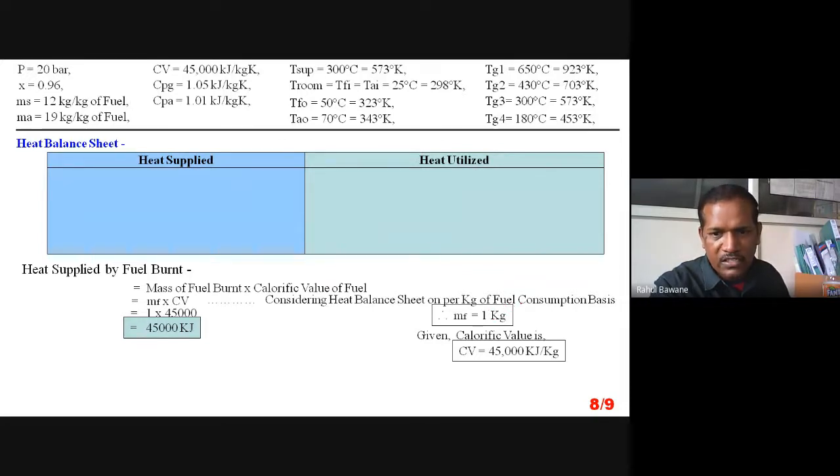It is not 1 kg per minute or 1 kg per second or 1 kg per hour. So we are drawing this heat balance sheet on the basis of per kg of fuel only. So MF is 1 kg times this calorific value. We don't get kilojoule per minute or kilojoule per second. We are directly getting the value of heat, 45,000 kilojoule. So this is heat supply.